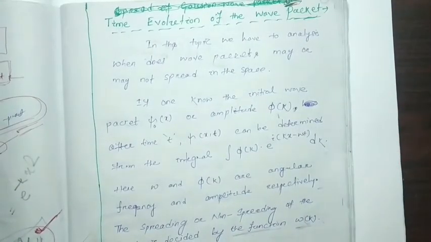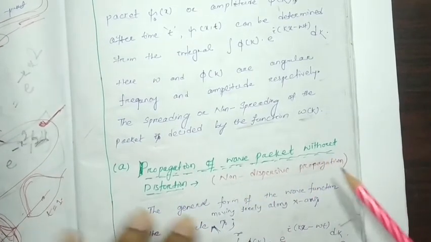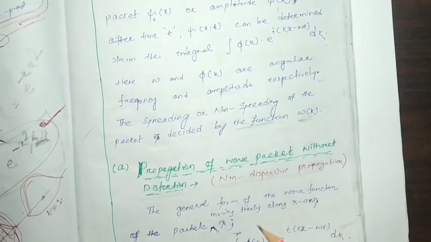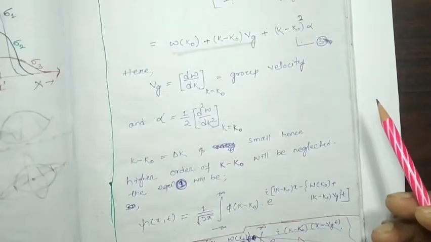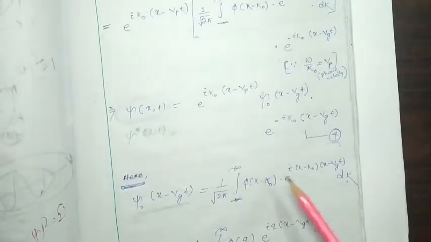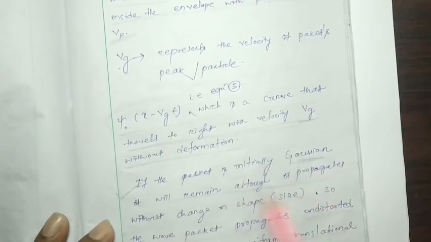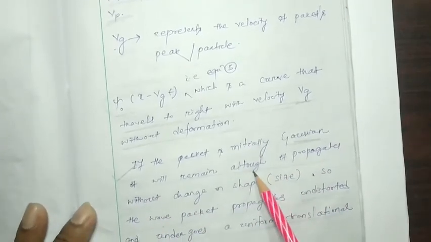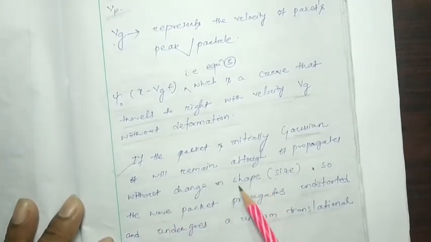We also discussed the propagation of a wave packet without distortion, the so-called non-dispersive propagation, meaning that after some time there is no spreading of the packet. You can find this in your first video. Here we found that the Gaussian remains a Gaussian although it propagates, without change in shape and size.